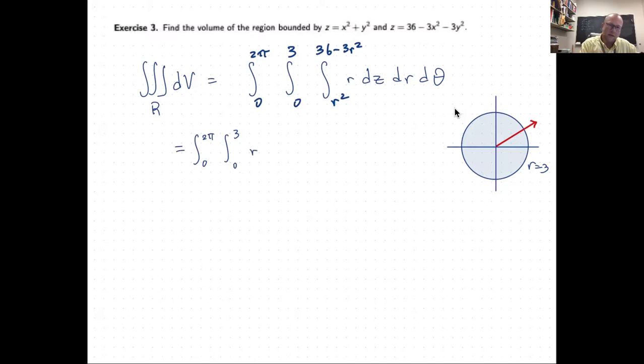We'll have r, and we'll integrate dz, so we'll get z, and the z goes from r squared to 36 minus 3r squared, dr d theta.